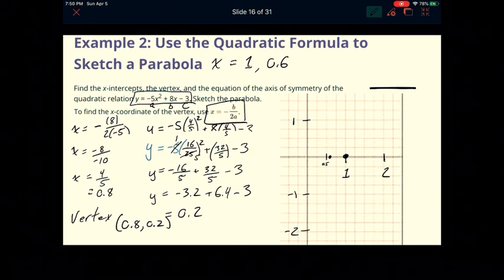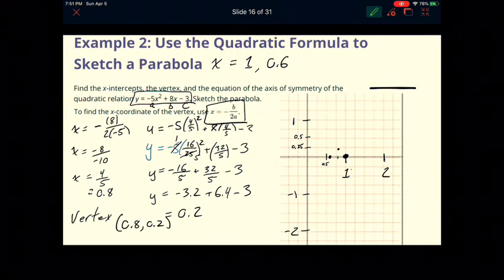Then our vertex is 0.8, 0.2. So it's directly in the middle of those two, about there-ish. And then it's only 0.2 up. So if we said this is 0.5, this is 0.25, it's only going to be right there.